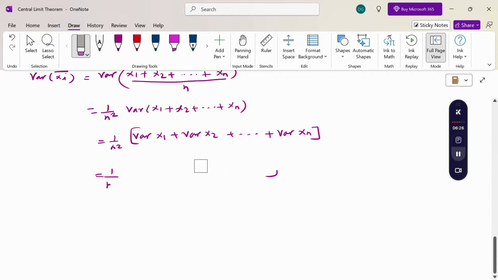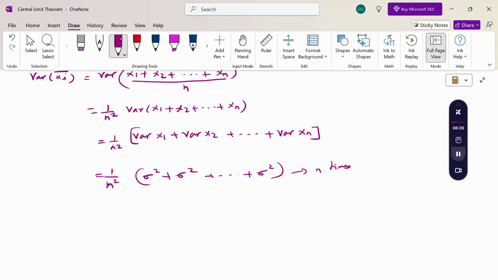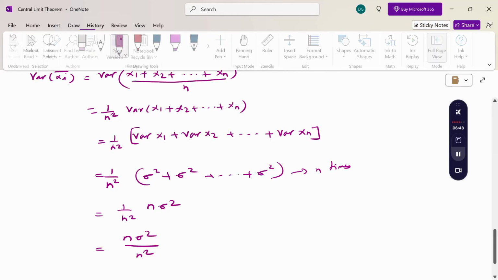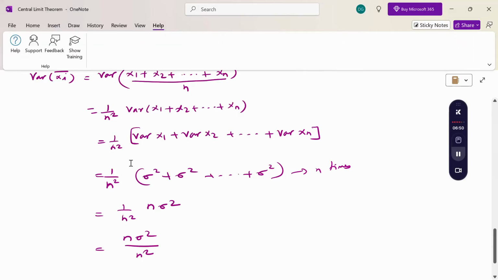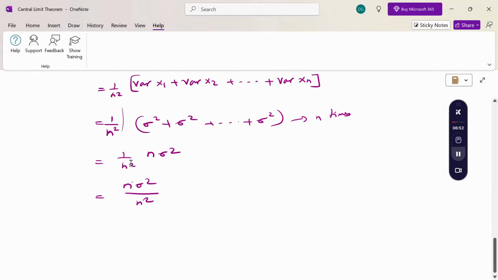Now we consider 1 by n square times sigma square plus up to plus sigma square. Now this is n times. Therefore 1 by n square times n into sigma square, n sigma square by n square, and the n cancels.